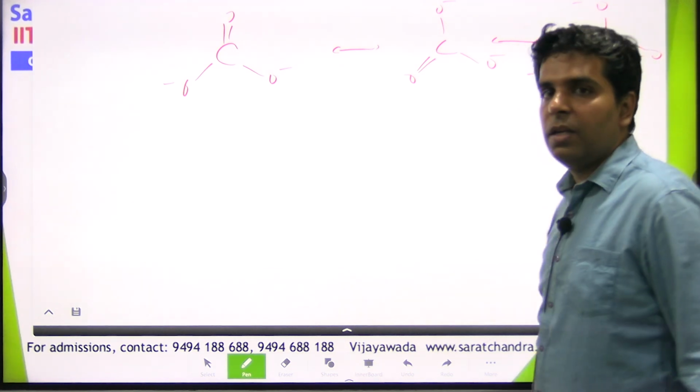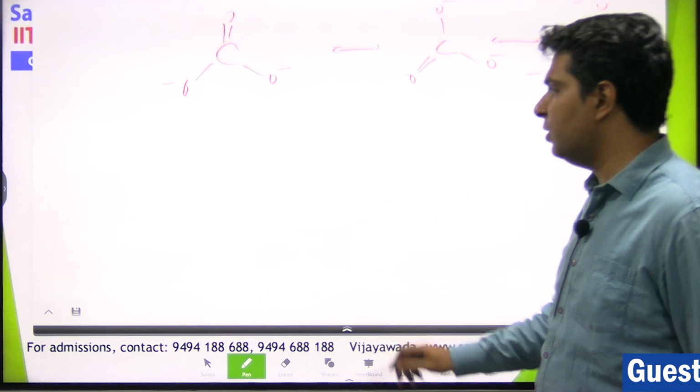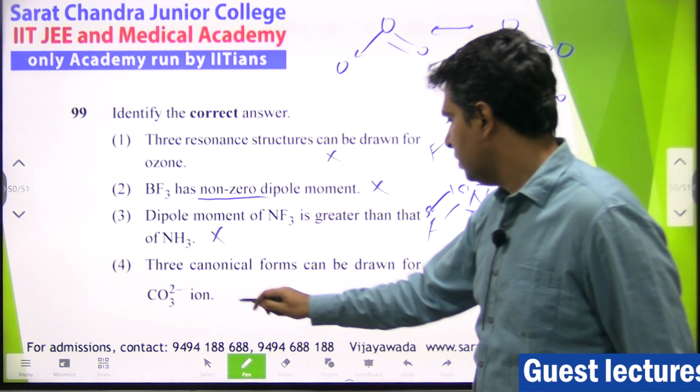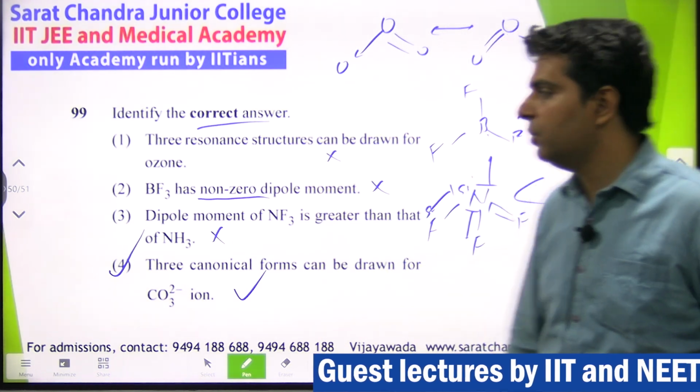So these are the 3 canonical forms of carbonate ion. So for carbonate ion, 3 canonical forms are possible. So this is the correct statement. You have to tell the correct statement. The answer is the 4th option.